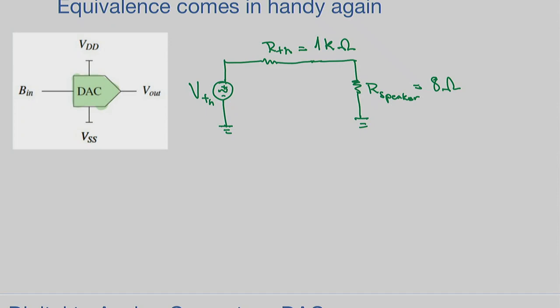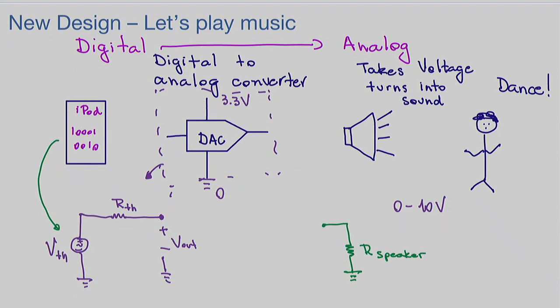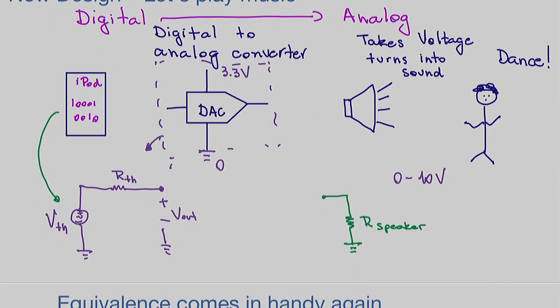We want to make a decision about our output, which coming out of the DAC needs to give us something between 0 and 10 volts. But as long as the output of the DAC gives you that voltage, the speaker should work. Okay, so there's no decision that needs to be made. No, as long as you are within that range, then you're working.